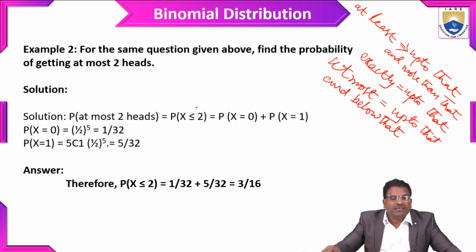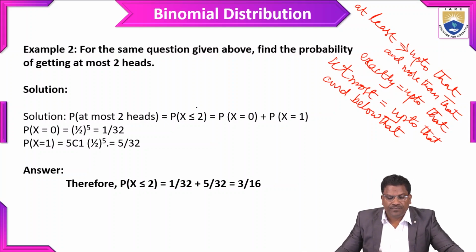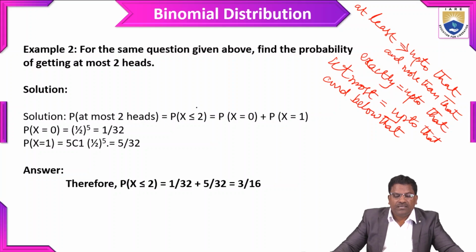Here they are asking for getting at most 2 heads. So P of x less than or equal to 2 we have to find now. It is P of x is equal to 1 plus P of x is equal to 2. P of x is equal to 1 we found there, it is 1 by 32.